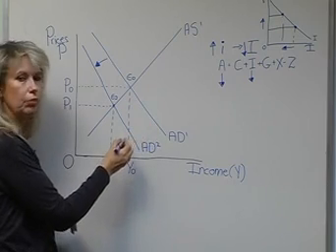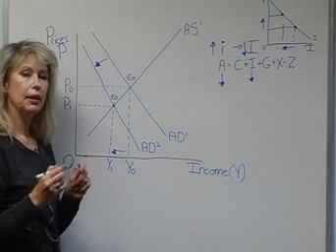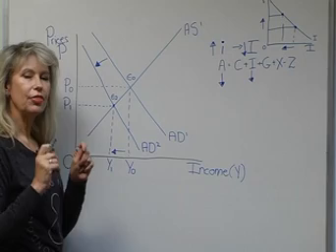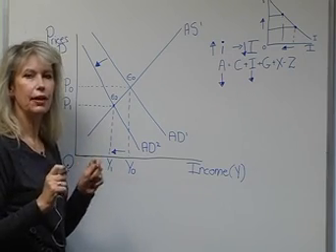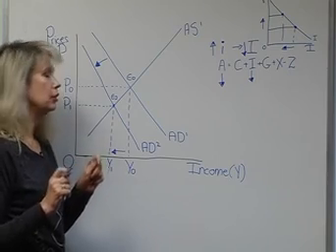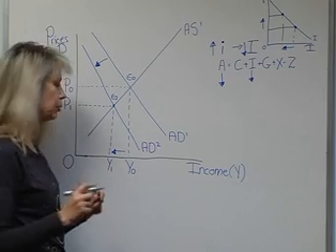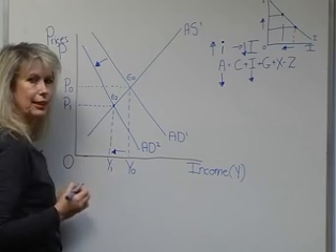When aggregate demand decreases, producers are going to find that their inventories are increasing. People are not buying the stuff that they have been producing. So therefore, they are going to decrease production, and that is going to lead to a decrease in income.